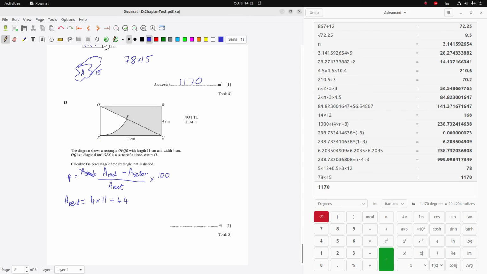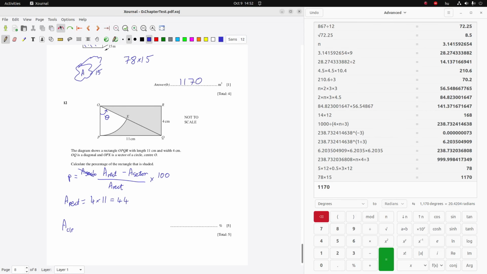But now comes the tricky part. We got this area of this sector. And remember, I told you, let's say this angle is theta.